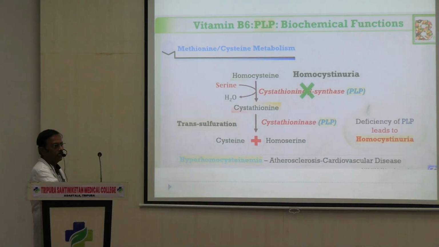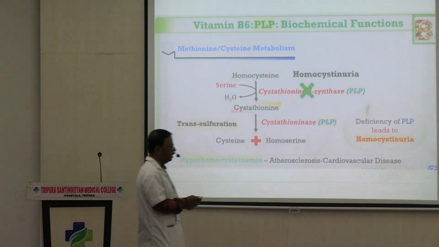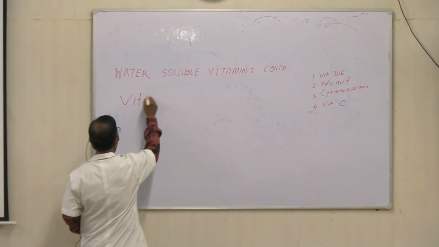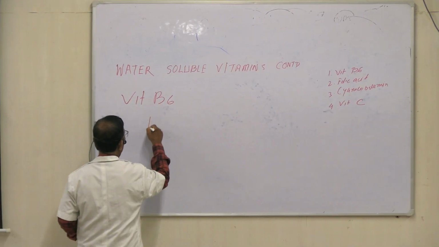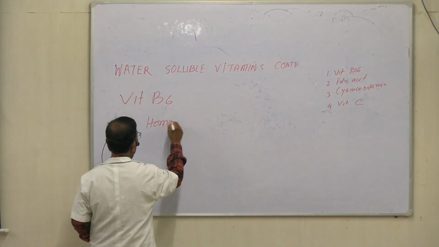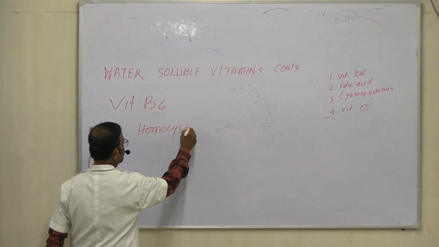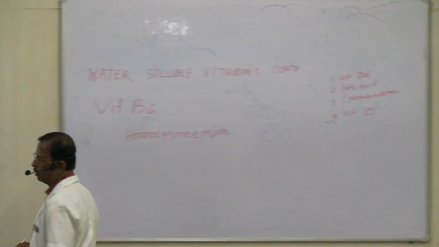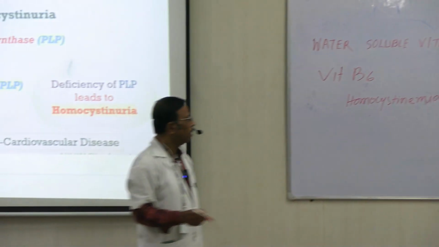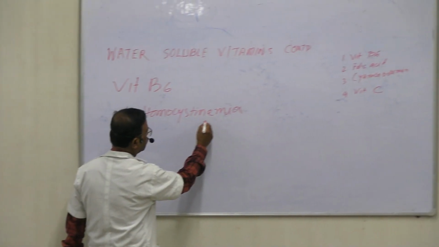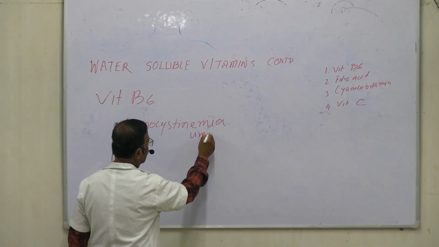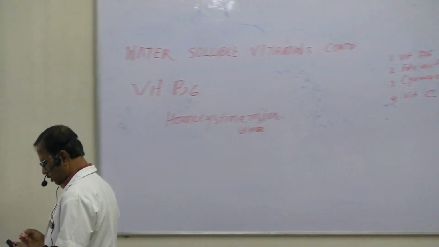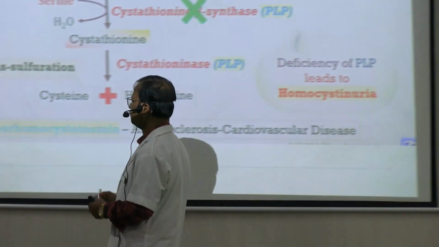Homocysteinemia means there is increased homocysteine level in blood. Homocysteinuria is increased homocysteine level in urine.